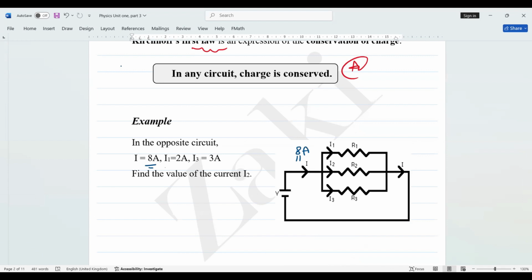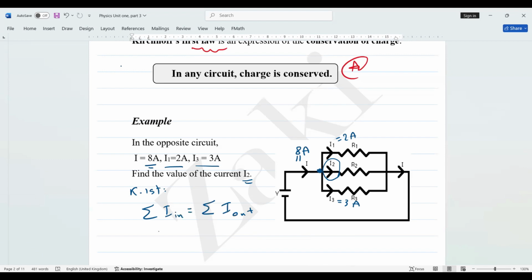I1 is 2 amperes. I3 equals 3 amperes. Find the value of I2. At this junction, from Kirchhoff's first law, the sum of currents in equals the sum of currents out.